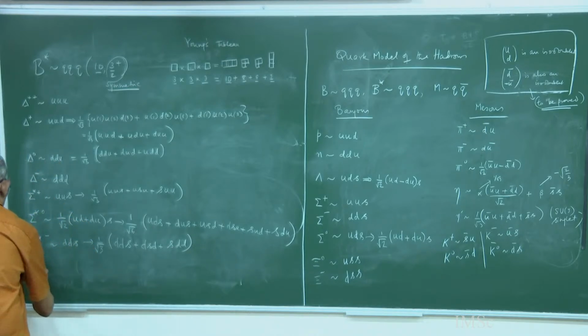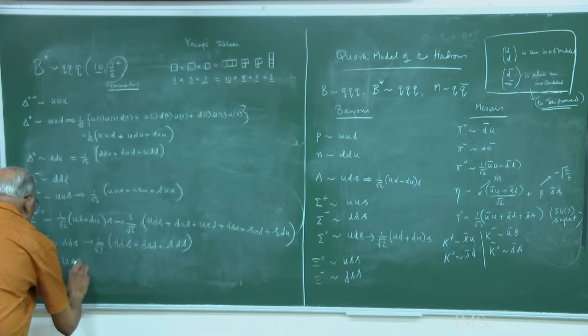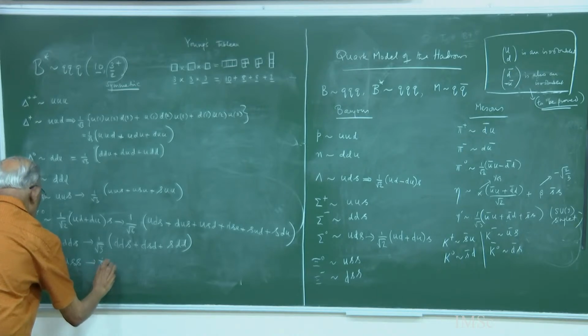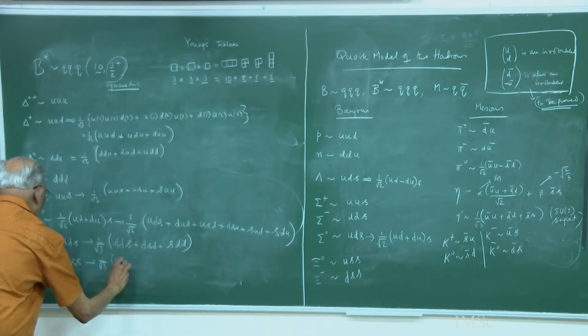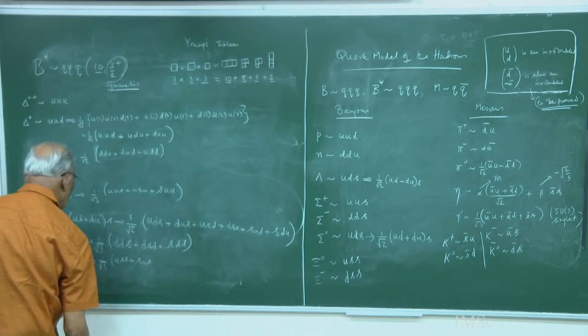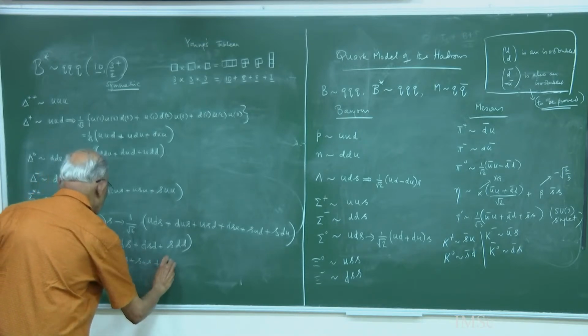Then cascade star, 0 charge, strangeness 2, so 2 strange quarks. So this will again become 1 over root 3 (USS plus SUS plus SSU).